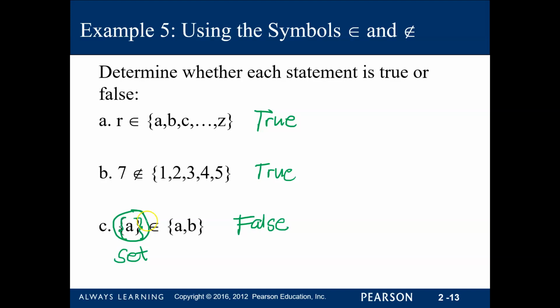A set cannot be an element of another set, so that is very important to remember. If it was written as A is an element of {A, B}, then this is true. But as you can see, the presence of the braces makes this statement false.